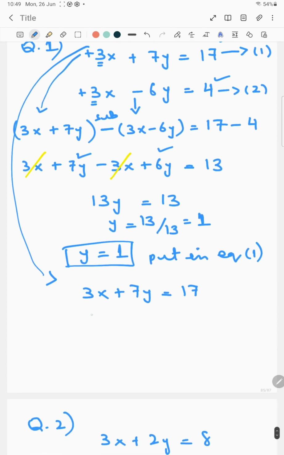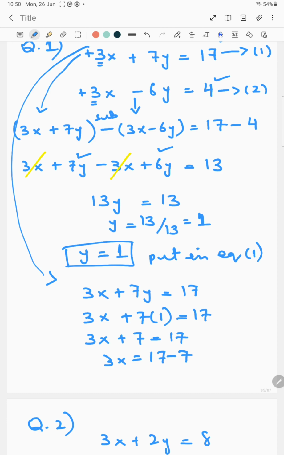Now I am putting the value of y, 3x plus 7 times 1 is equal to 17. Now 3x plus 7 is equal to 17. 3x is equal to 17 minus 7. So x is equal to, this one is 10 and you will divide by 3 on the other side. So x is equal to 10 by 3.